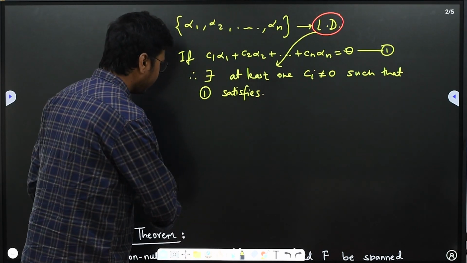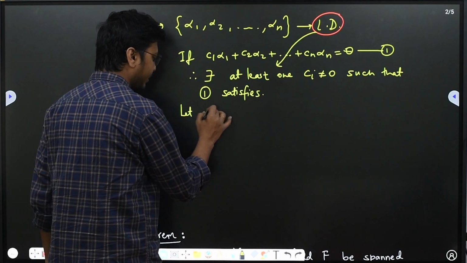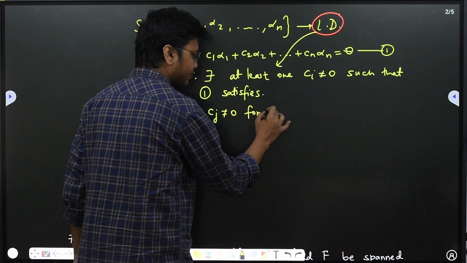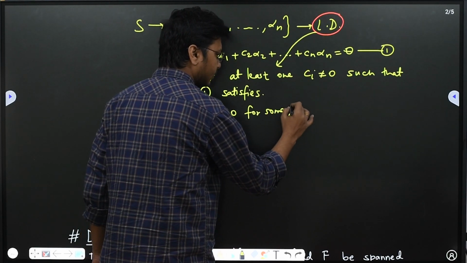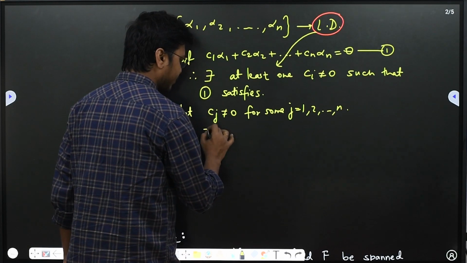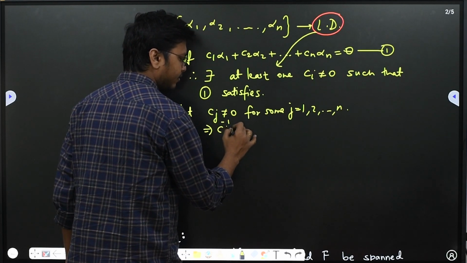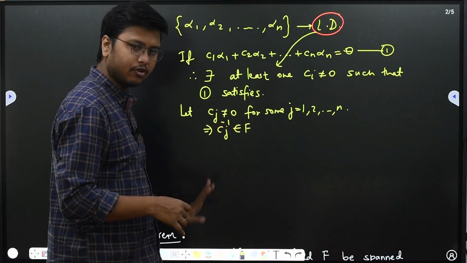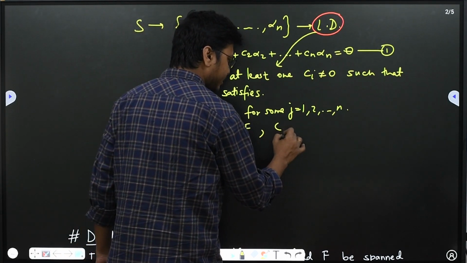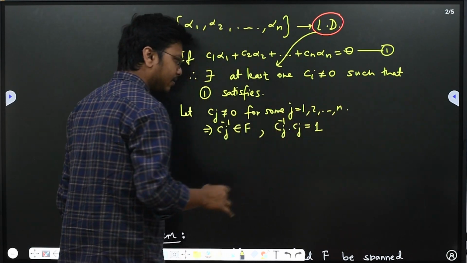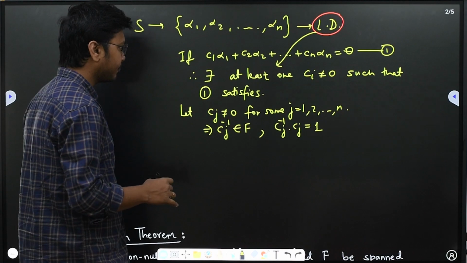Now let me assume Cj not equal to 0 for some j from 1 to n. So this would imply that Cj inverse exists in the field because Cj is non-zero, such that Cj inverse times Cj is the multiplicative identity 1, correct?